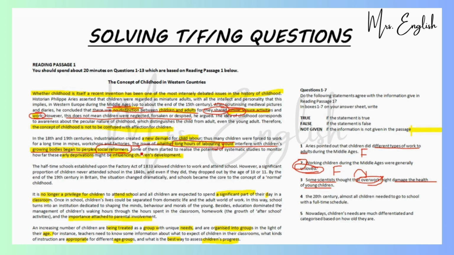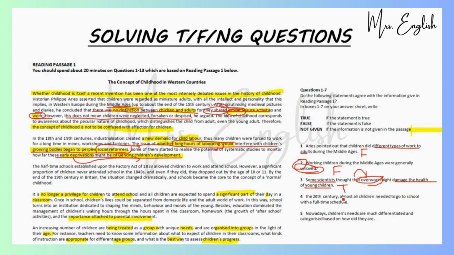After that, we can read that some of them started to realize the potential of systematic studies to monitor how far these early deprivations might be influencing children's development. So we understand that overwork is actually making the bodies of young children unhealthy and stopping their growth. For this reason, this statement is true. Do you get it? I hope you did. We'll move on to the 4th question.